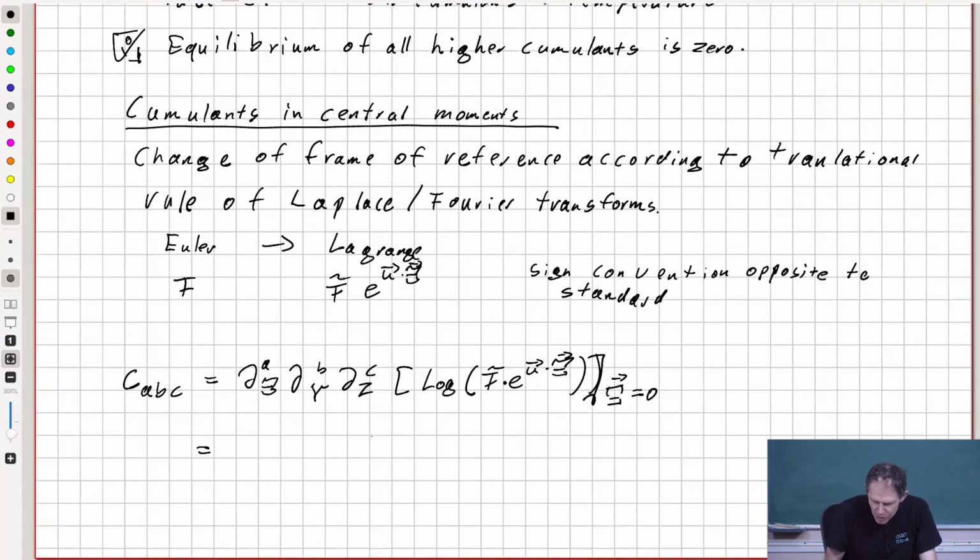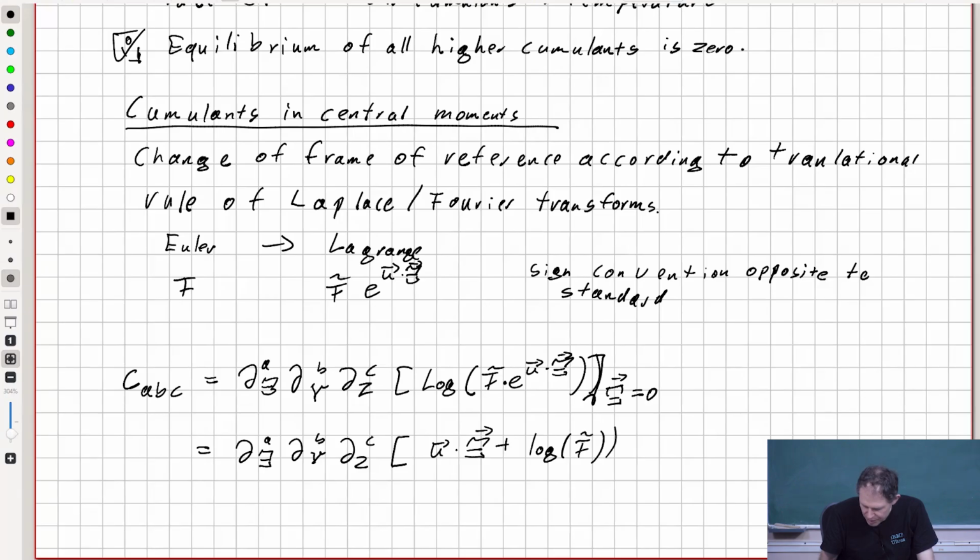So this can be written as this upsilon b zeta c. So comes into u times xi plus the logarithm of the one that is now in the Lagrange frame.